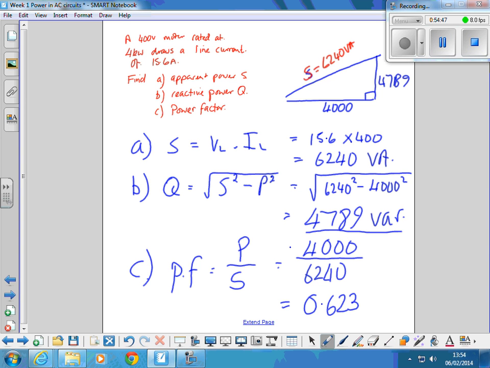That's a ratio, so I haven't got any units. Not untypical for a power factor of a motor. It could be between 0.4 and 0.7. So that's not untypical at all.